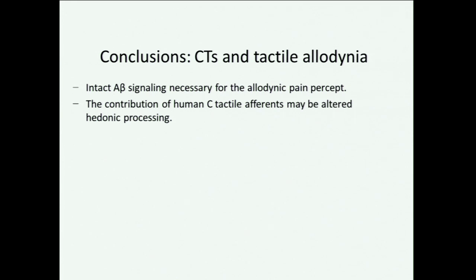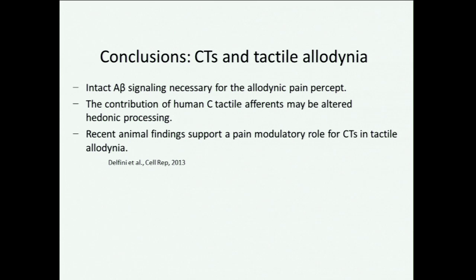We're not really clear about the details here, but I think Emmanuel Bourdinet will talk more about this on, is it Sunday? Yeah. So there are some recent animal findings that support a role for C-tactile afferents in tactile allodynia.